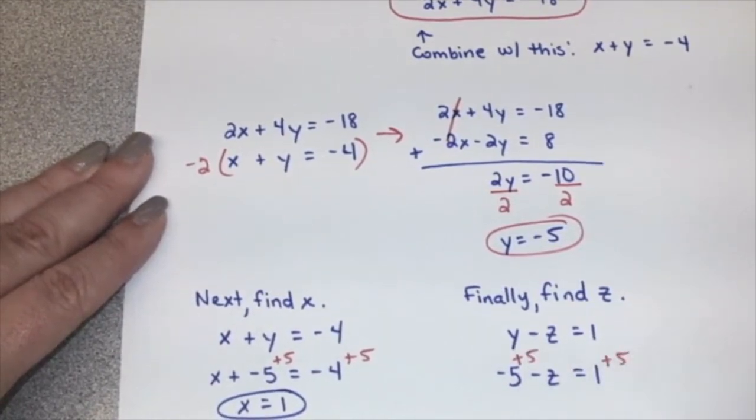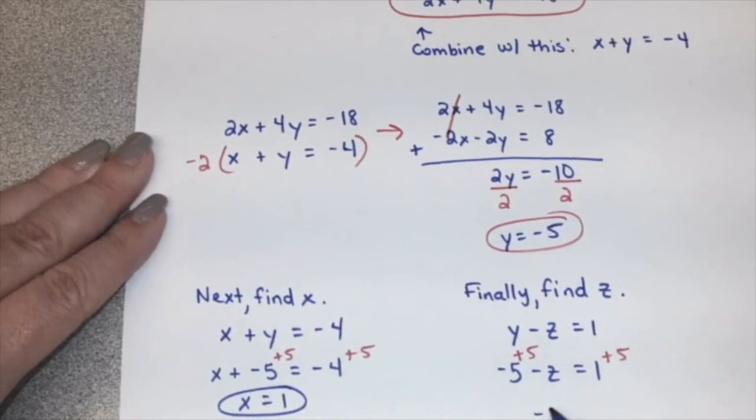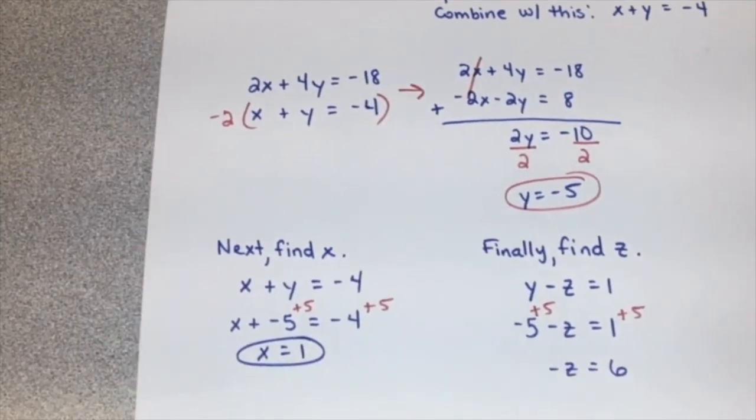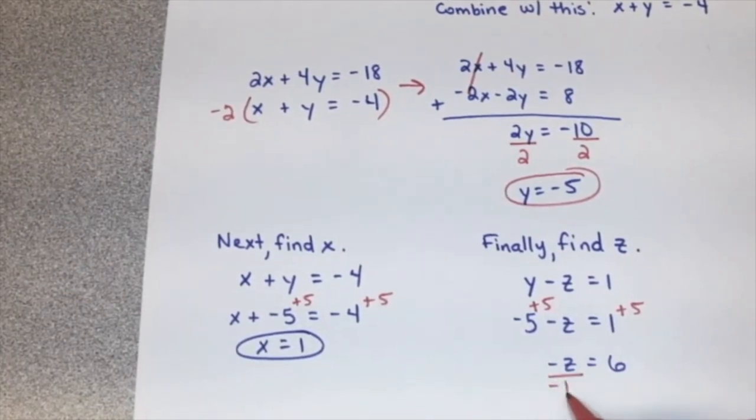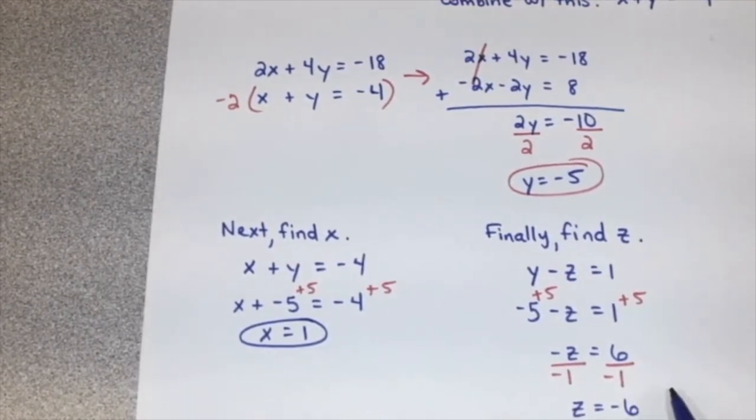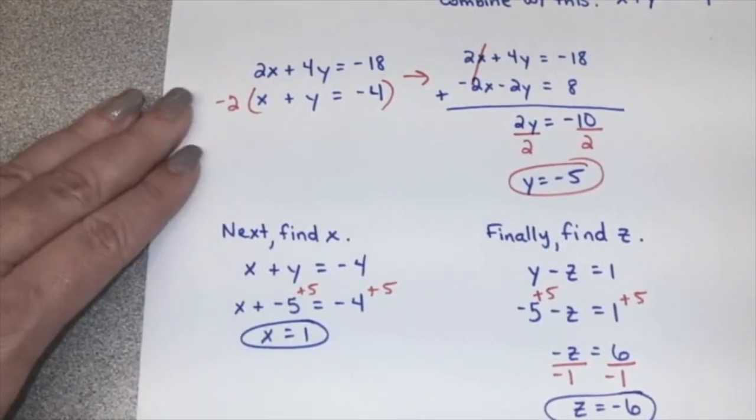You would add 5 to both sides, and that's going to give you negative z is 6. But I don't really want negative z, right? So what do I have to do to both signs then? Change them, right? I'm essentially just dividing by negative 1. So z is actually negative 6. Okay. So in the end, I get my solution, which is 1, negative 5, negative 6.